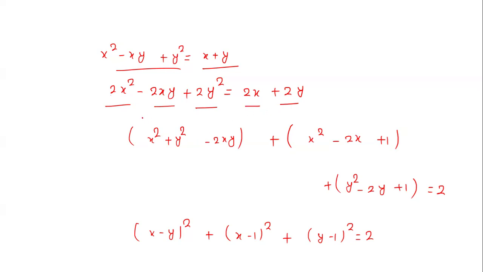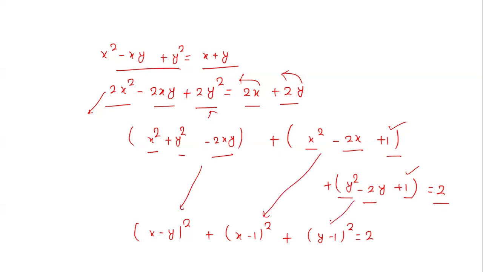Now we can write x square plus y square minus 2xy, and one x square remaining, so x square, and this 2x you can take to the left hand side, so it becomes minus 2x, and there is one y square remaining, and you can take this 2y to the left hand side, so it becomes minus 2y. You can add plus 2 on both sides, splitting the plus 2 here into plus 1 and plus 1. So we can write this as (x minus y) whole square plus (x minus 1) whole square plus (y minus 1) whole square, which is equal to 2.